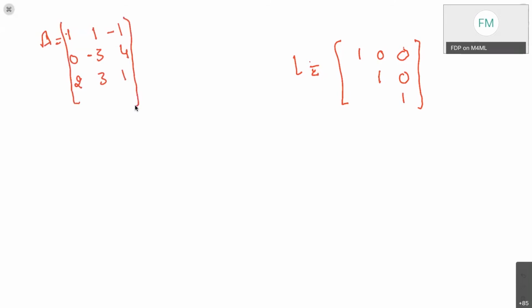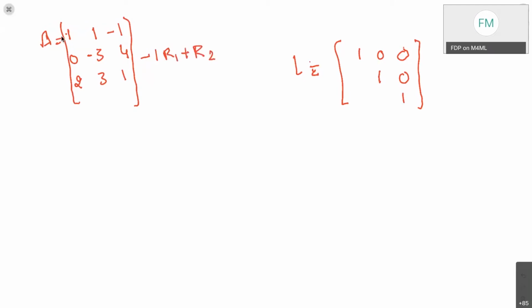Okay. Now let's do row operations here. What we do is make this a 0. So what we have done is minus 1 R1 plus R2.